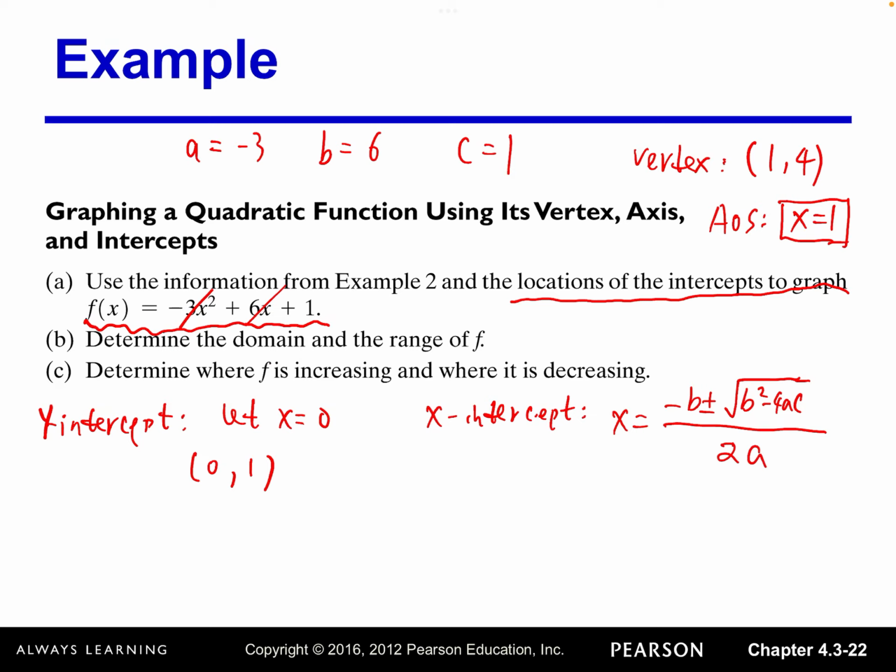First we need to evaluate the discriminant. b squared minus 4ac equals what? b squared is 6 squared, minus 4 times a, which is -3, times c, which is 1. That's 36 minus (-12), which becomes plus 12. So we get 48. 48 is greater than 0. Therefore, we should be able to find 2 x-intercepts.